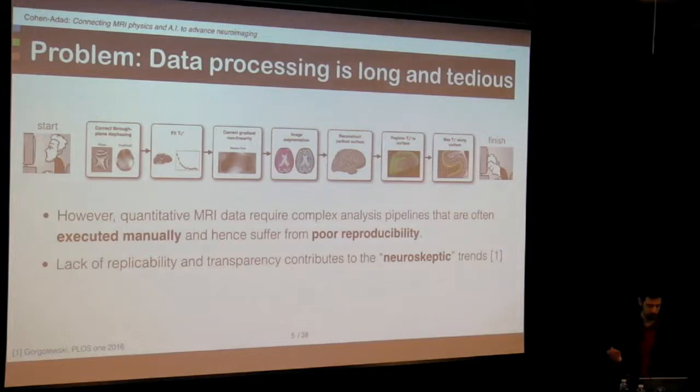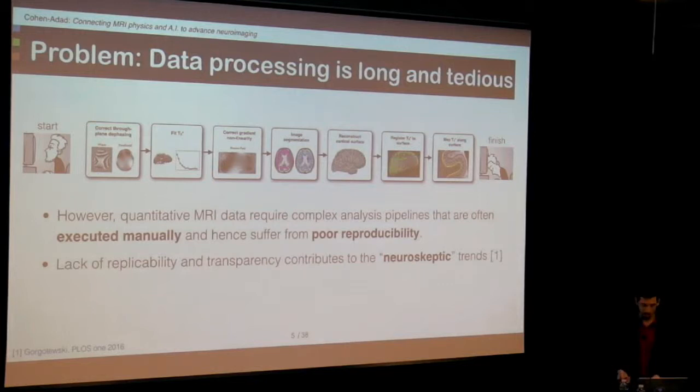So often, unfortunately, the processing is biased or not properly made, and it's extremely difficult to have the entire expertise of how to pre-process the data in order to obtain, at the end of the day, a quantitative marker of MRI, and this led to some raising of skepticism about some of the papers in neuroimaging.